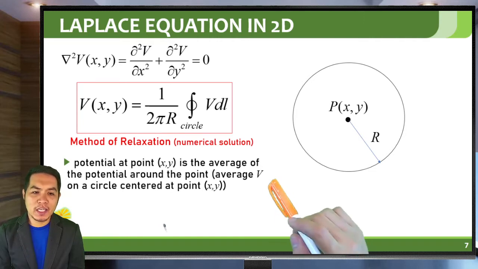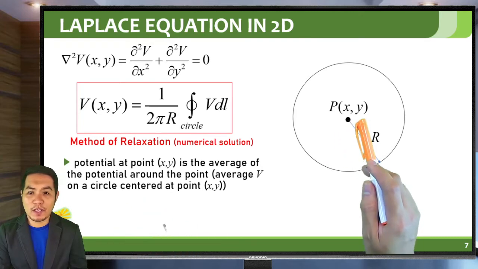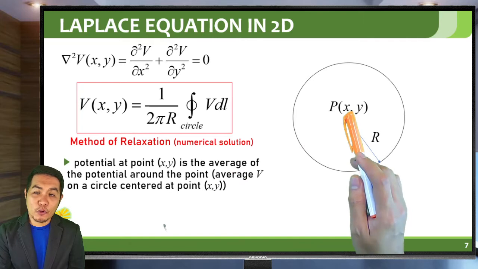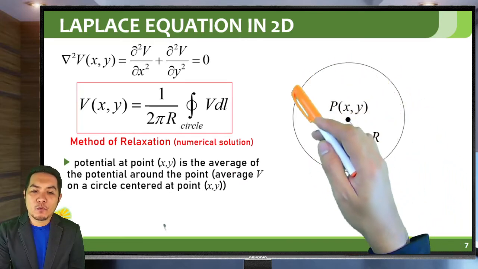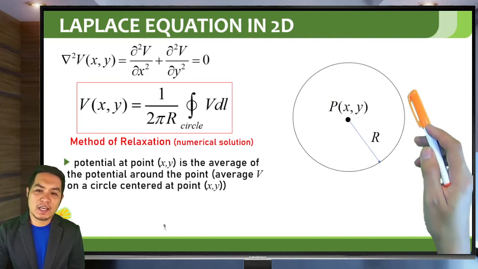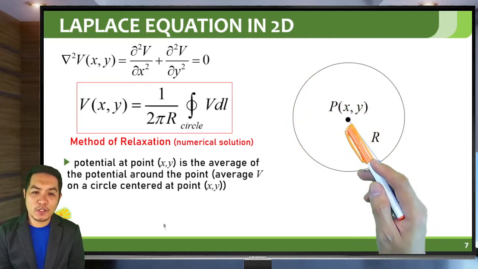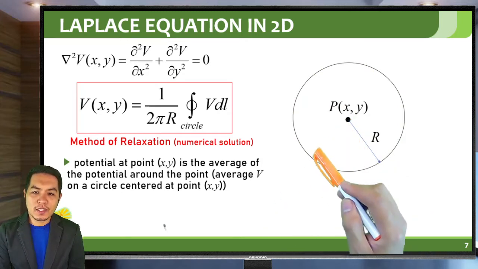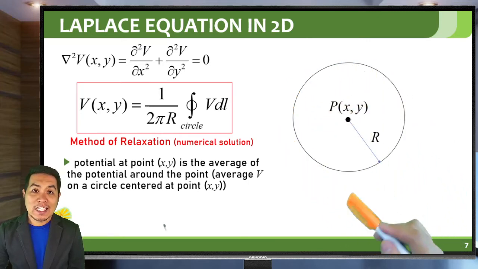So basically, the potential at point xy, so it's now 2 dimensions, x and y coordinates, is the average of the potential around the point xy. When you say around the point, that essentially describes a circle of radius r, and the potential at this point is the average of the potential on this circle.